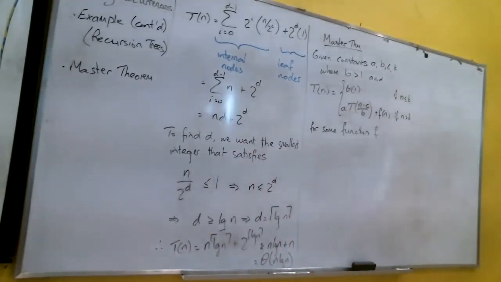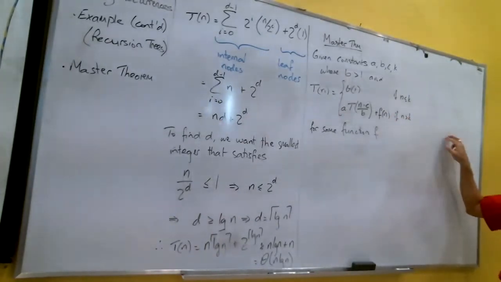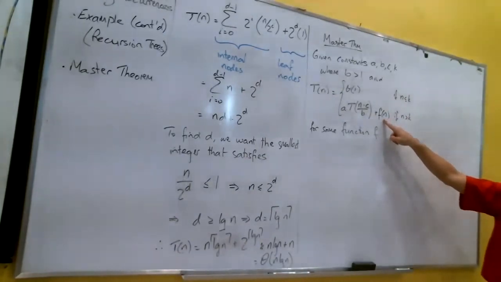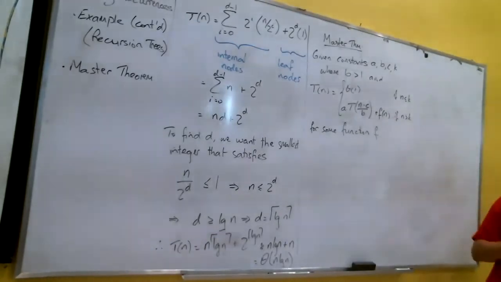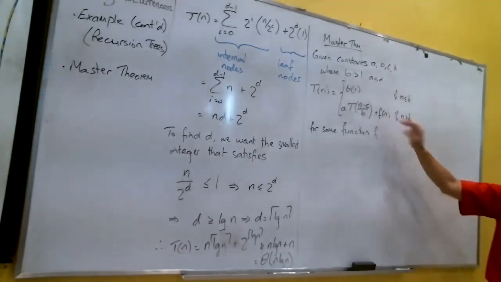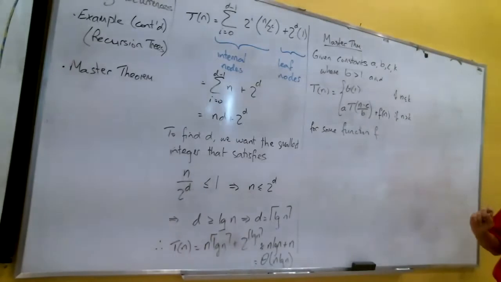All right, so the master theorem says the following. It basically says you need to do a comparison. Now remember that this is the thing that was in the root of the overhead. So in our previous example, this was n. And what we were doing was comparing that with the work done at the leaf level. Okay?